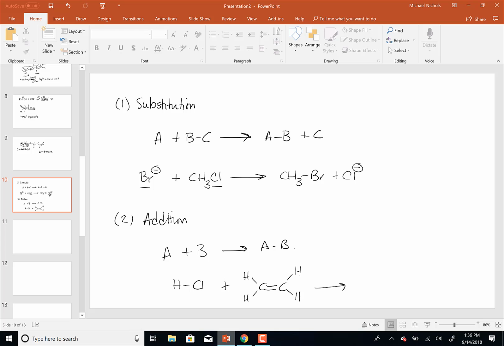So that the final product will have one carbon with 3 H's and the other carbon with its original 2 H's plus the chlorine. So I've added HCl to that double bond to make an alkane. So 2 molecules coming together to make one. So that was their example of an addition reaction.